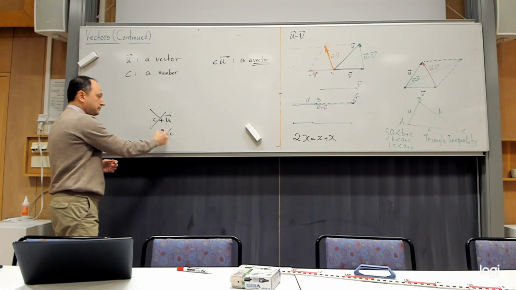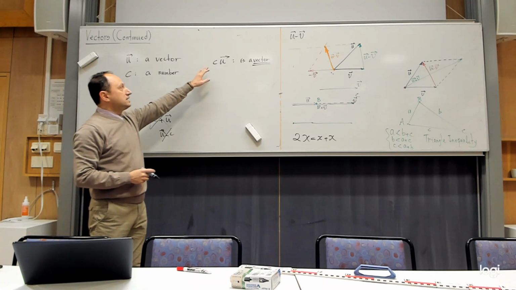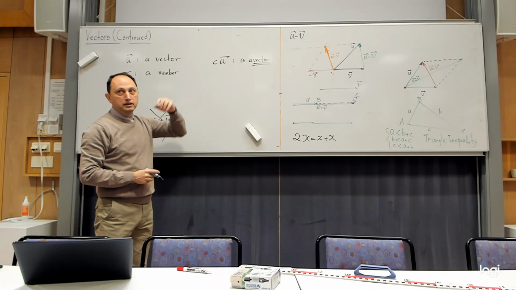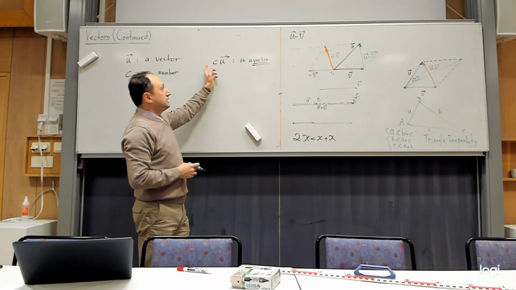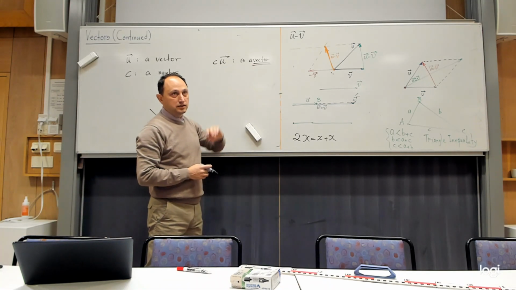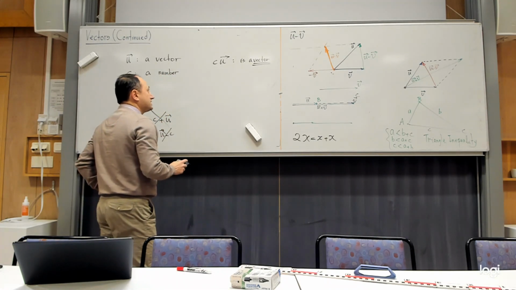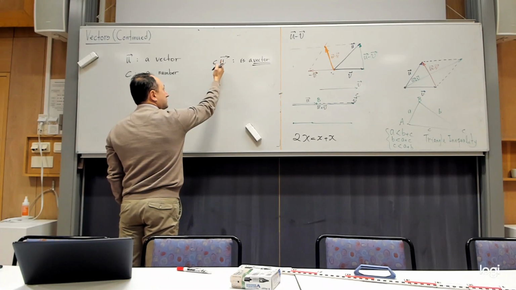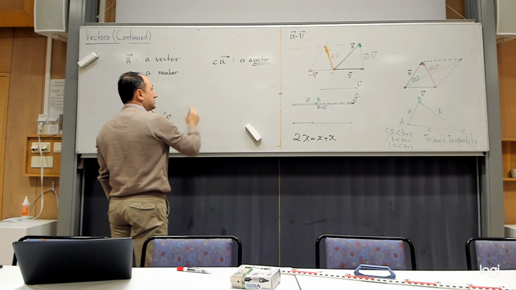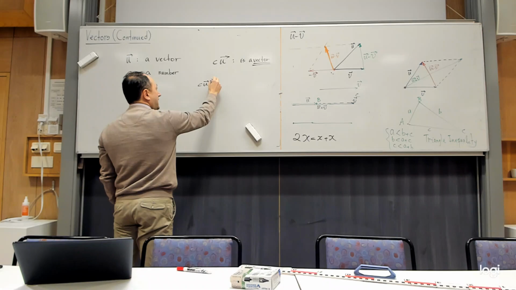It's meaningless. But I can ask you to multiply your vector by a number. Okay? The answer is not a number. The answer is again a vector. Okay? I would say that this vector is parallel to the original vector. So cu is parallel to u.